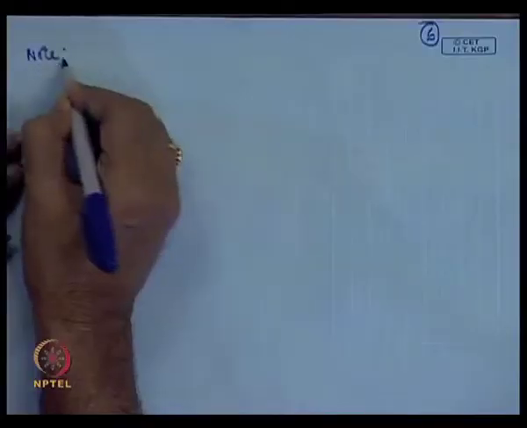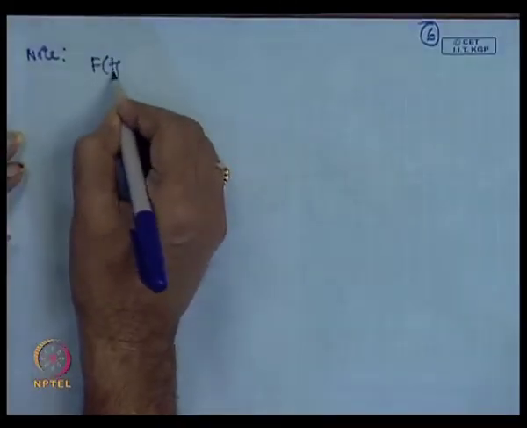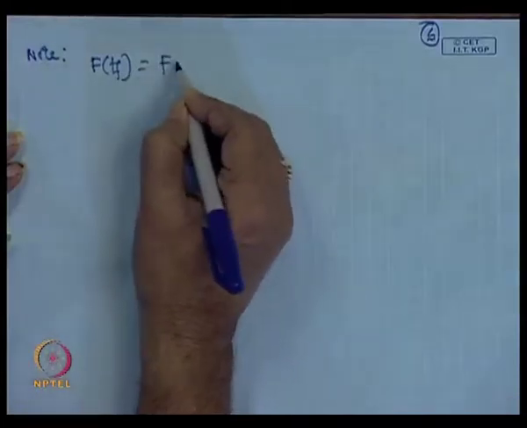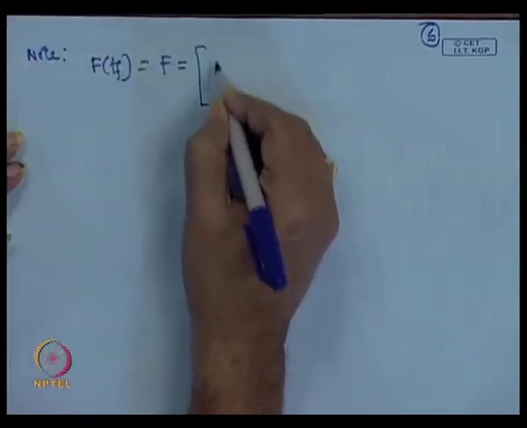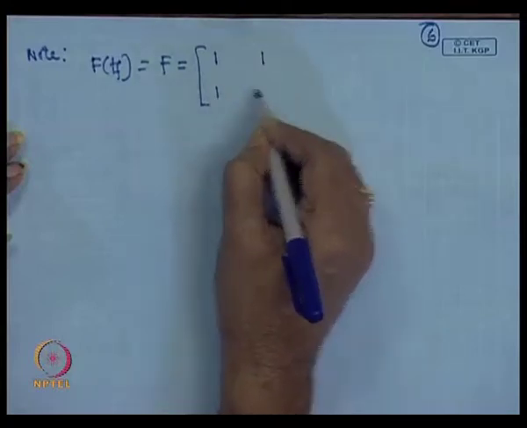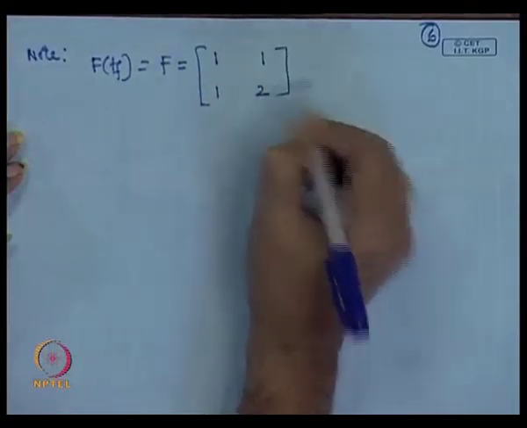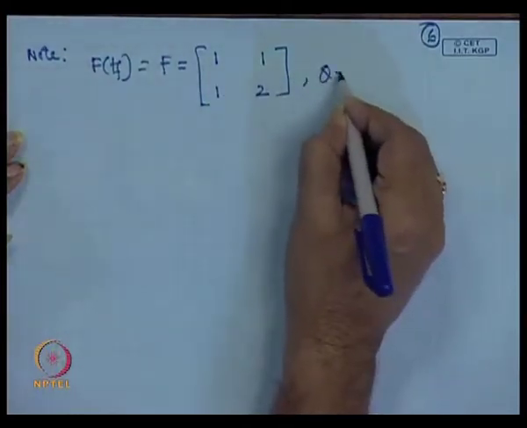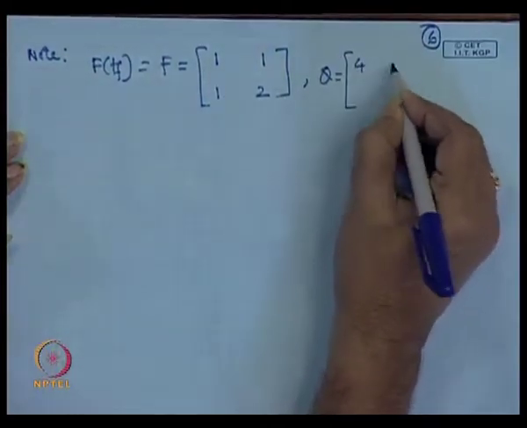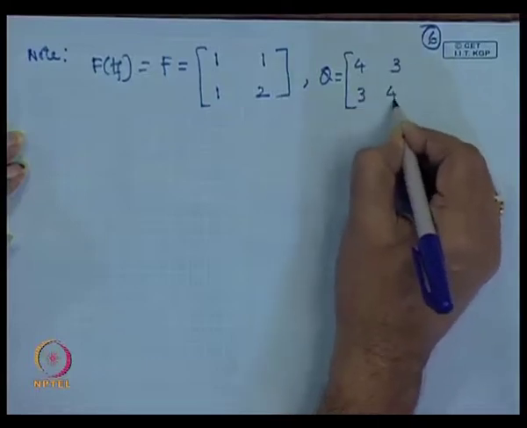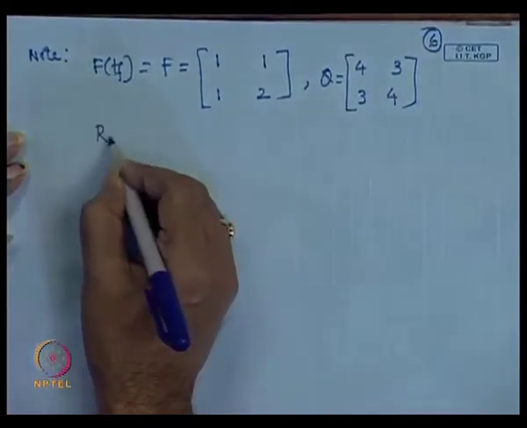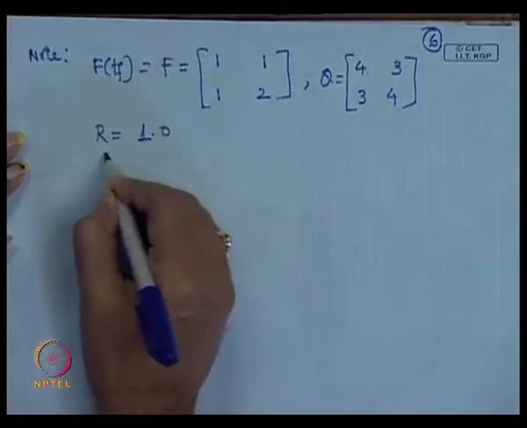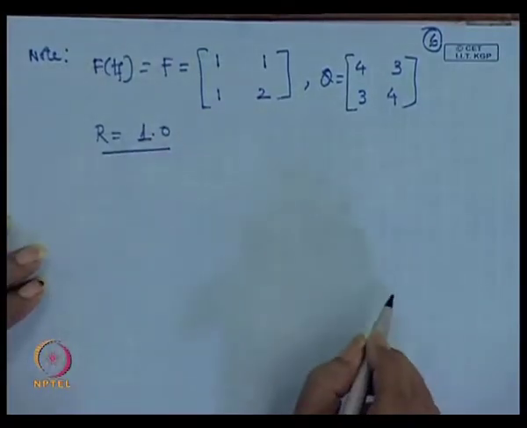Note, F of t is nothing but F, which is [1 1; 1 2]. Just see from the last equation, then our Q we got as [4 3; 3 4] and our R is equal to 1, because it is a scalar input.